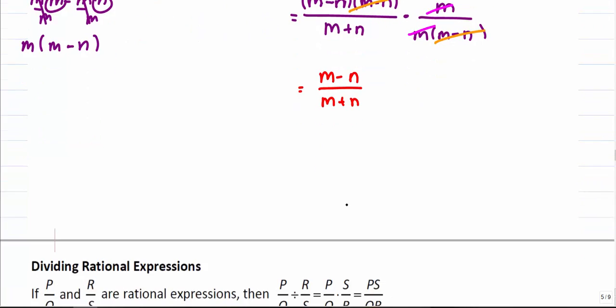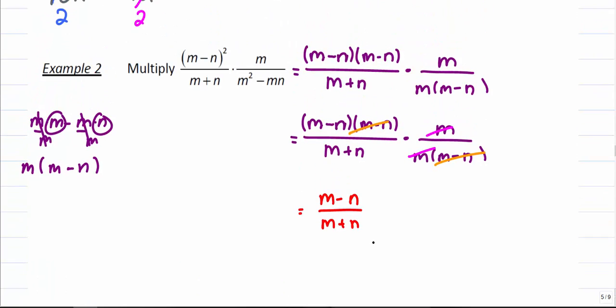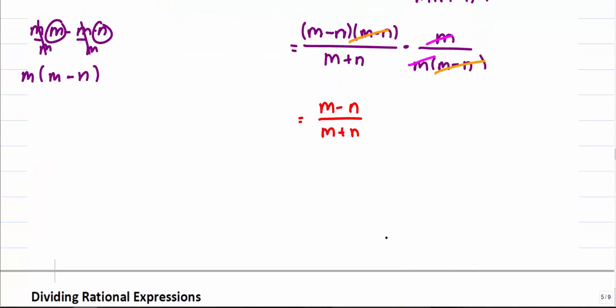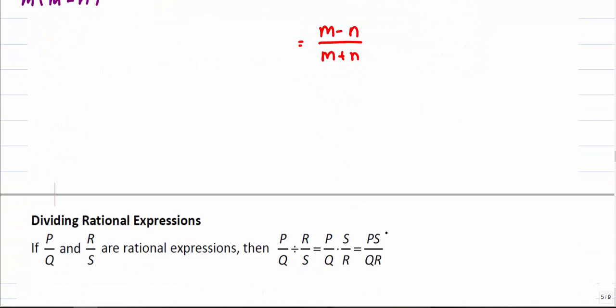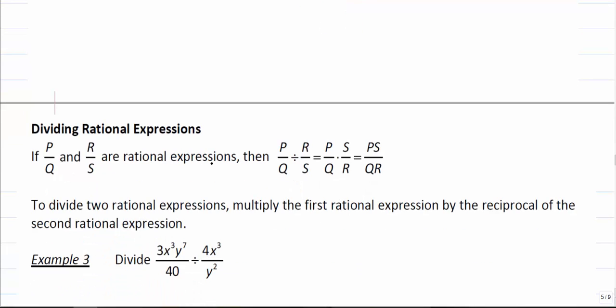Let's see, is there another multiply? No. So those are examples for multiplying. The division is the same thing as multiplication. So if you look here, if you are dividing two fractions, what you are going to do is copy the first fraction.